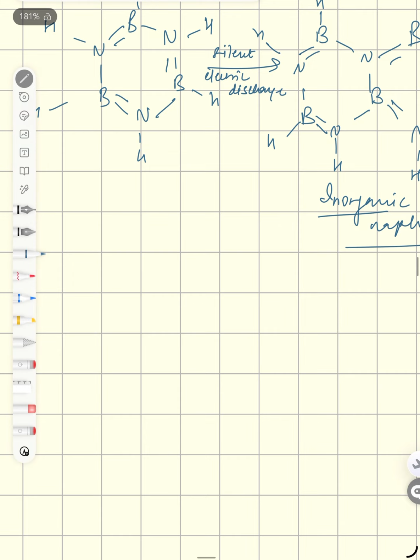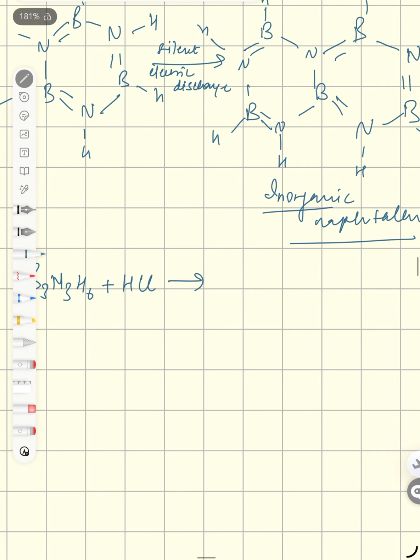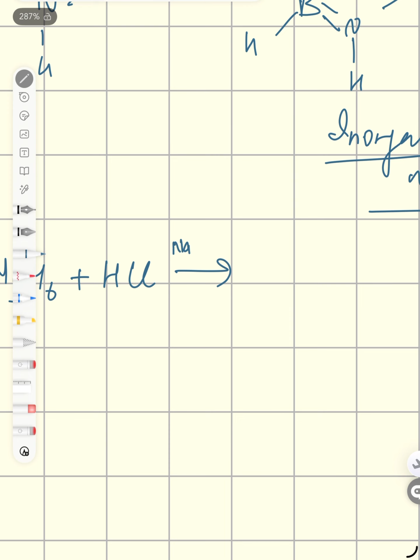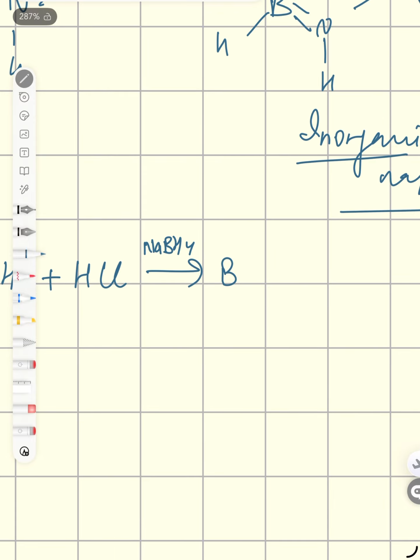Also, another last property of borazine is on reaction with HCl, it forms B3N3H9Cl3, which you can omit, and we can directly write that on reaction with HCl in the presence of sodium borohydride, an inorganic cyclohexane is formed, which is analogous to cyclohexane, B3N3H12.